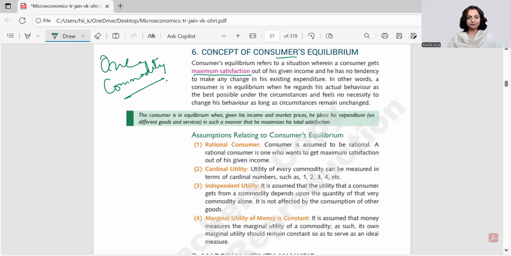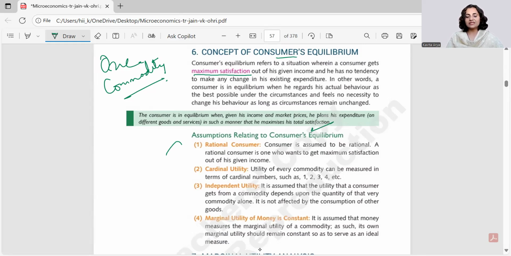So here we go. They say the consumer is in equilibrium when, given his income and market prices, he plans his expenditure in such a manner which gives him maximum total satisfaction.